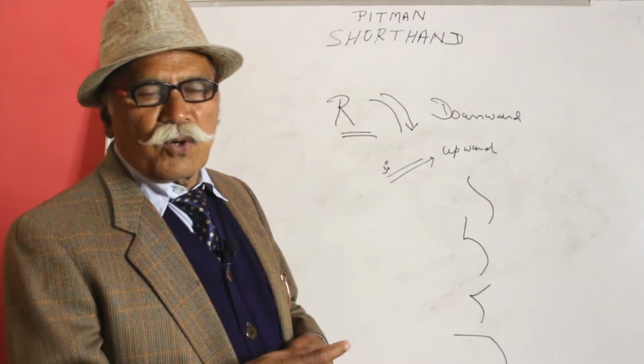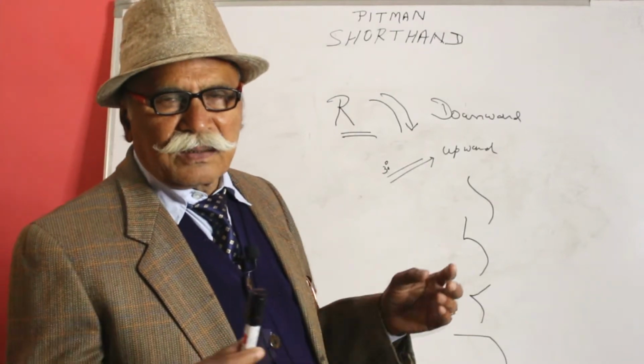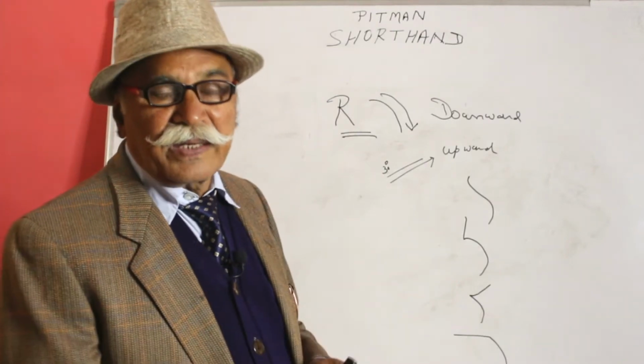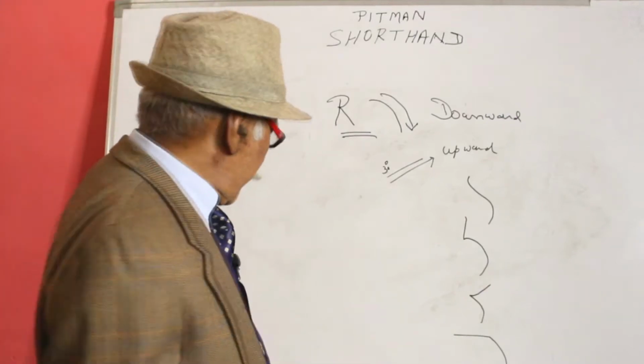So when there is no vowel after the R consonant, then downward R is used.